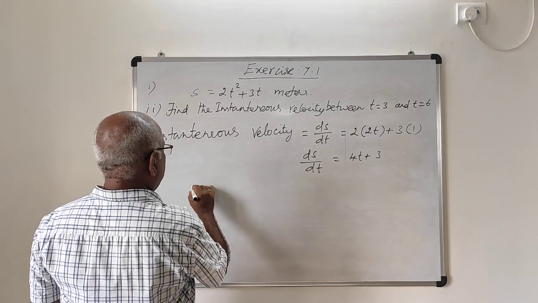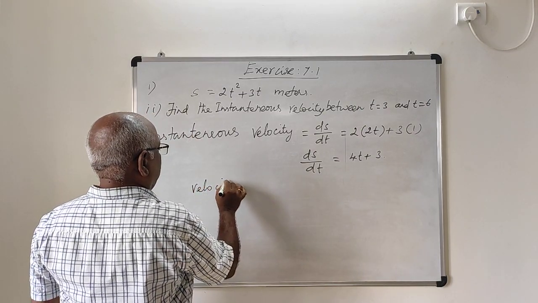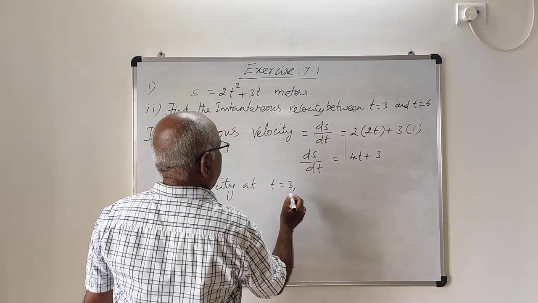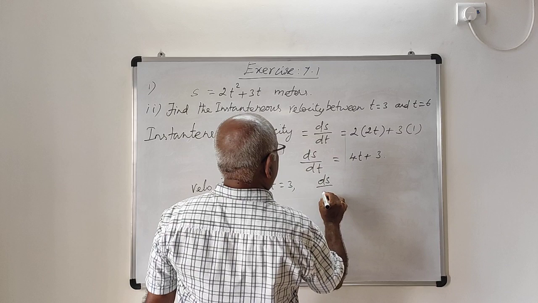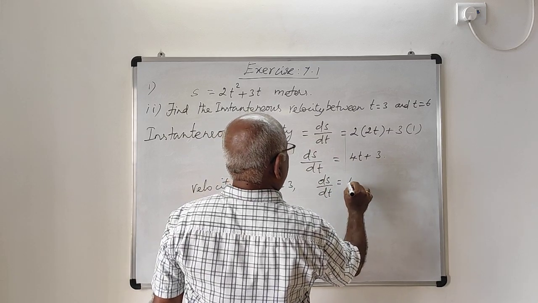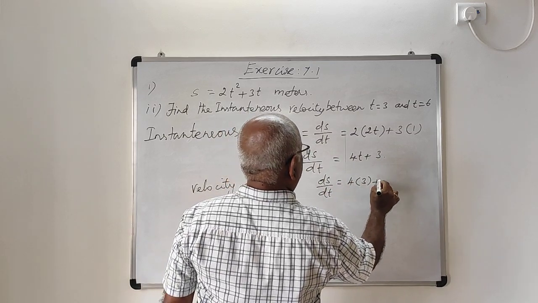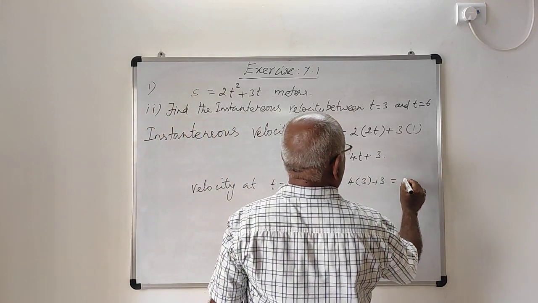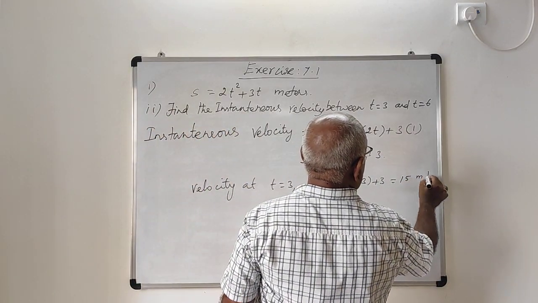Instantaneous velocity at t equal to 3: ds by dt equals 4 times 3 is 12, plus 3, 15 meters per second.